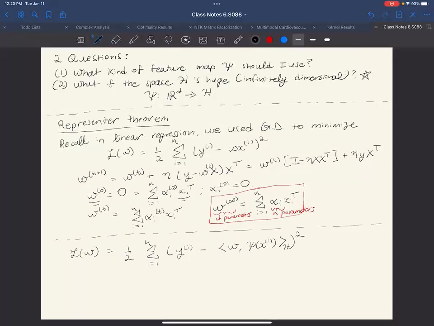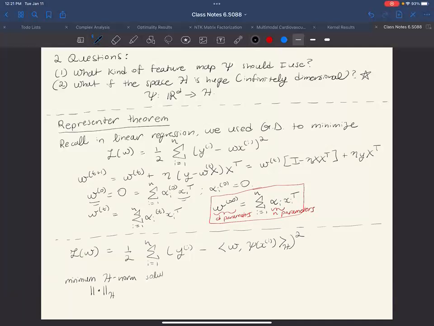And so it turns out that one can prove the minimum norm solution in this space. Before, we had the minimum L2 norm solution in the space R^d for linear regression. Here we have the minimum H norm solution, which is just the norm induced by the inner product here.